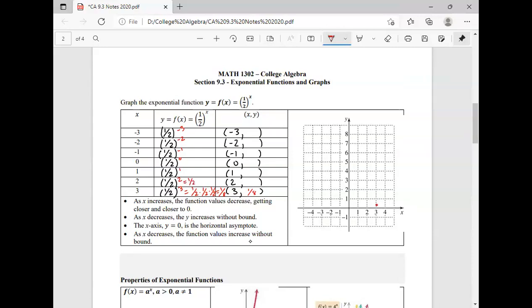If I do 1/2 squared, I'm doing 1/2 times 1/2, and that's going to get me 1/4. I have a point at 2, 1/4. 1/2 to the first power is just 1/2. So 1, 1/2.